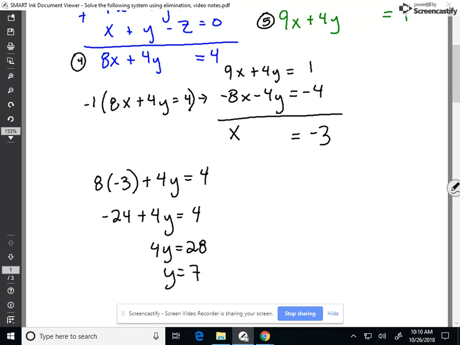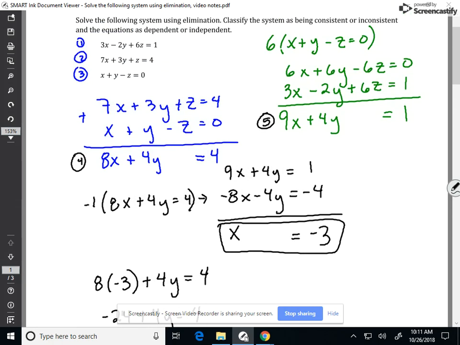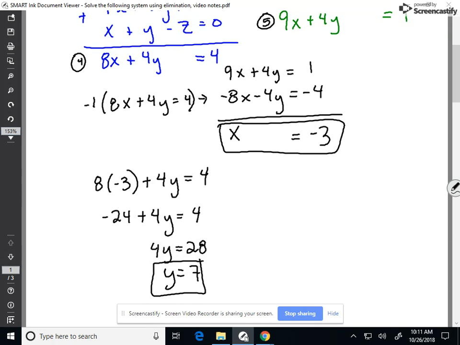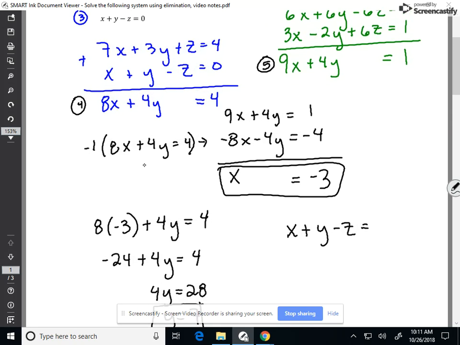So now I'm down to two variables that I know. So I only have a remaining single variable. If we scroll back up to our beginning equations and we look at them, which equation is easiest to use to solve for z? Well, to me, it looks like equation 3 because it's just x plus y minus z equals 0.